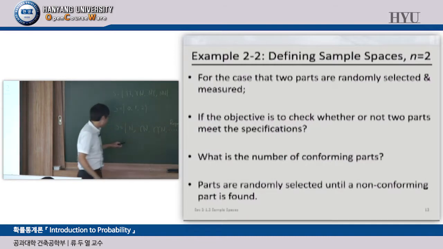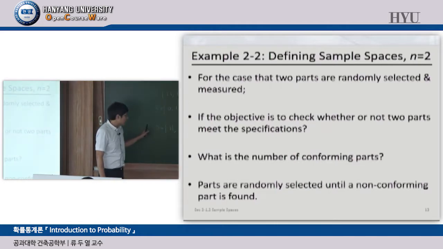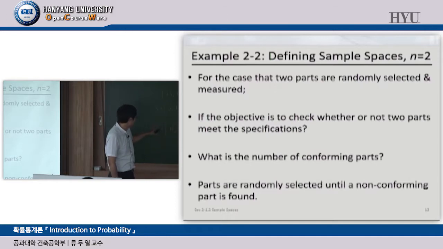So, do you think that is the discrete system or continuous system? This is the discrete system. You can count the number of items included in the sample space, but the number of items is infinite. So as I mentioned in previous slide, in the case of the discrete system, the countable infinite items can be also included in the discrete system.